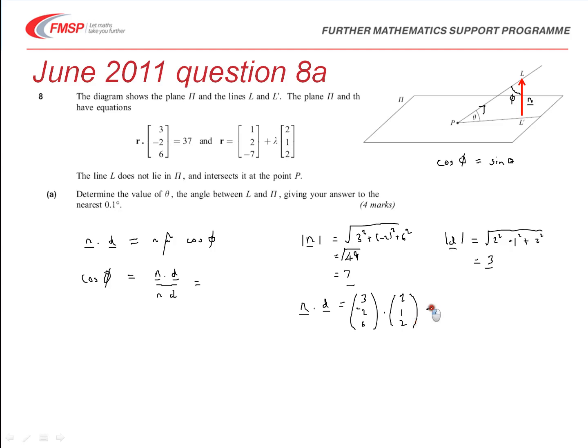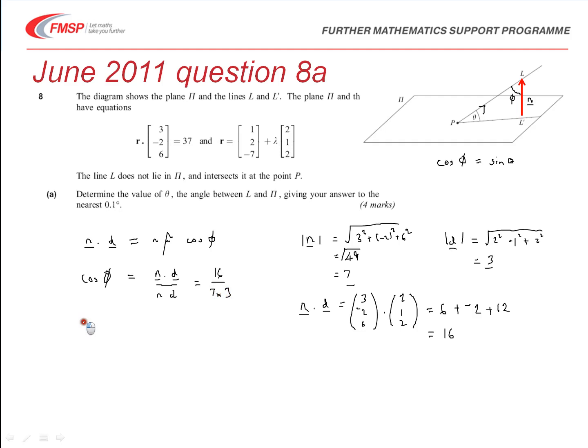Remembering to work out the scalar product, it's 3 times 2, which is 6, plus 1 times negative 2, which is negative 2, plus 2 times 6, which is 12, which gives us 16. And so, going back to the cosine of phi, it's n dot d over nd, which is going to give us 16 over 7 times 3, which of course is 21.